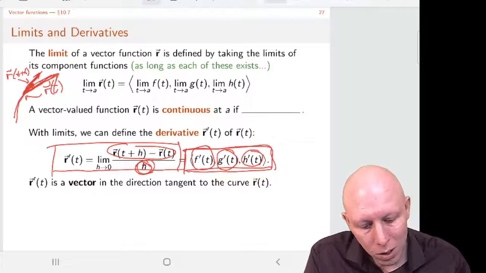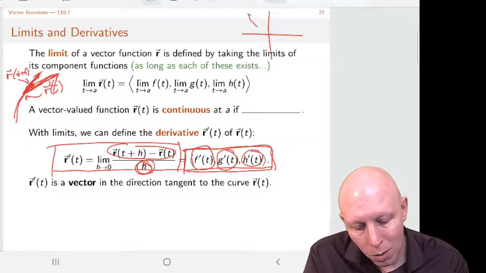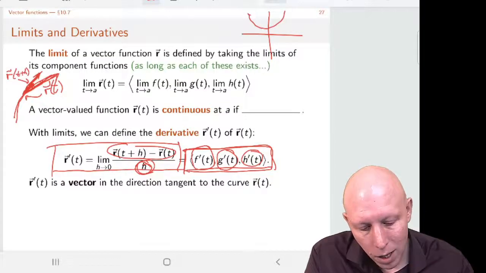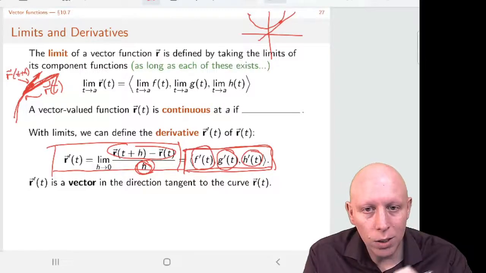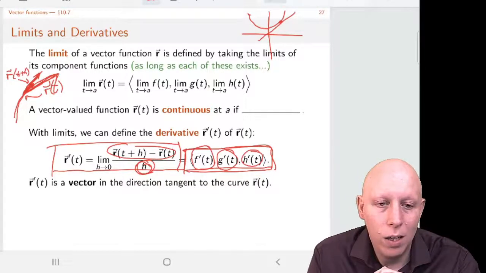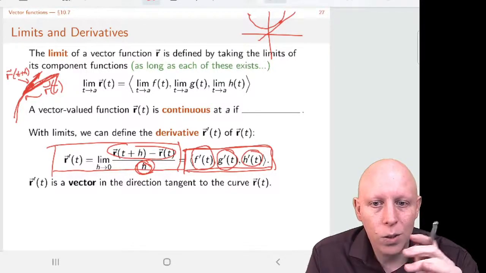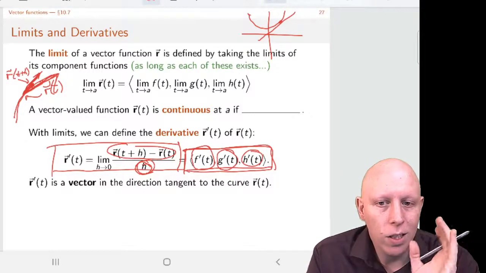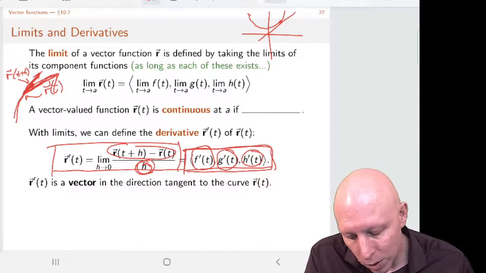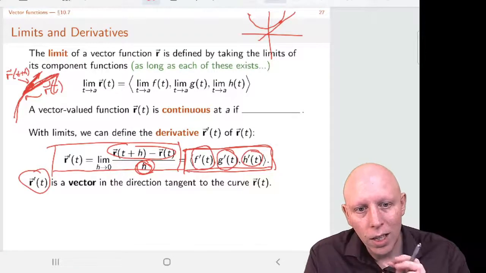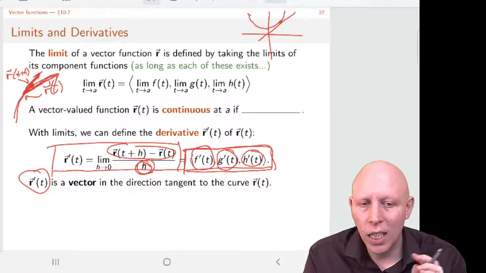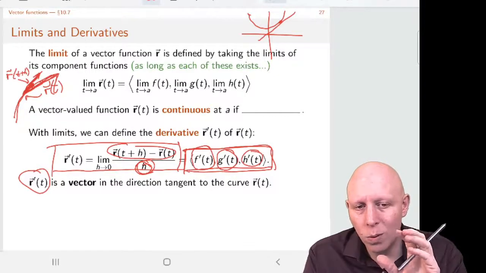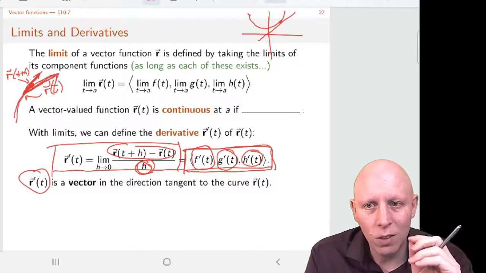This should feel somewhat comfortable because when we're taking the derivative of a single variable function, we often use the derivative to be the slope of the tangent line. So it should feel comfortable that the derivative of a vector valued function is related to the slope of the tangent line to the curve.